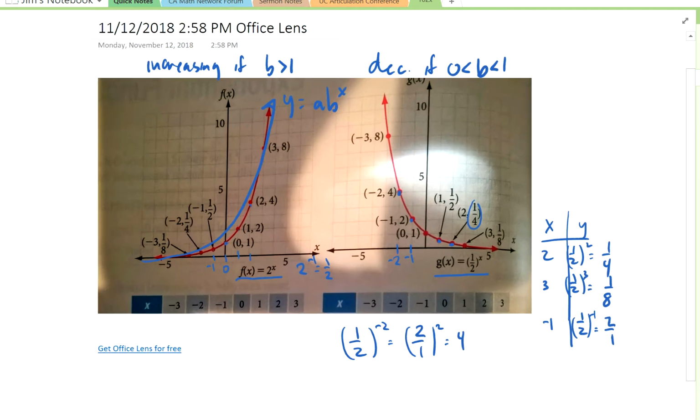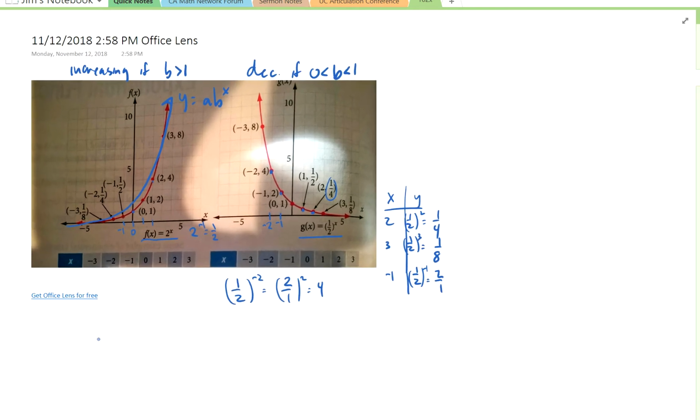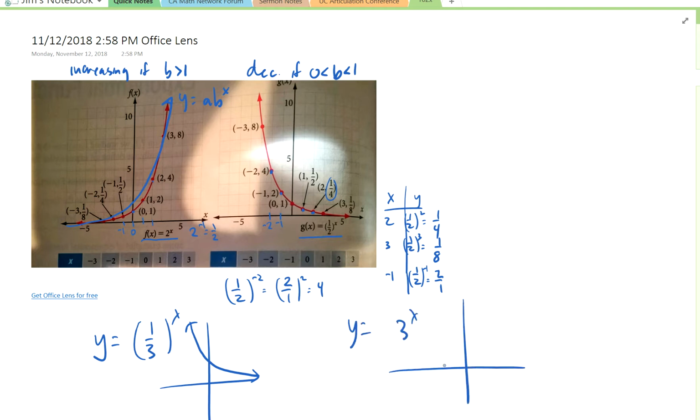As a general rule of thumb, if you just want to sketch y equals 1/3 to the x, that's going to be a decreasing exponential curve. If y is equal to 3 to the x, that's going to be an increasing exponential curve.